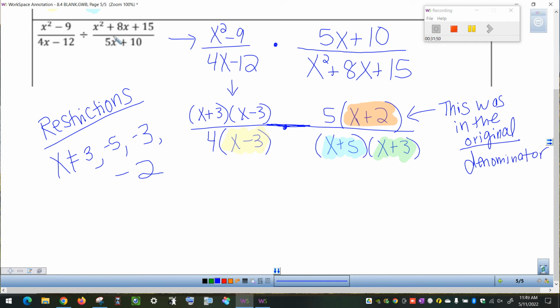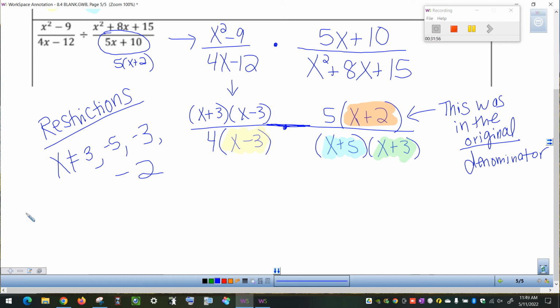So right here in the very beginning of the problem, if we were to do a little factoring at the very, very start, we see that x plus 2 is in the denominator. So this is going to include every possible value of x that would have made the denominator 0 at any point along the way, including at the very, very beginning.